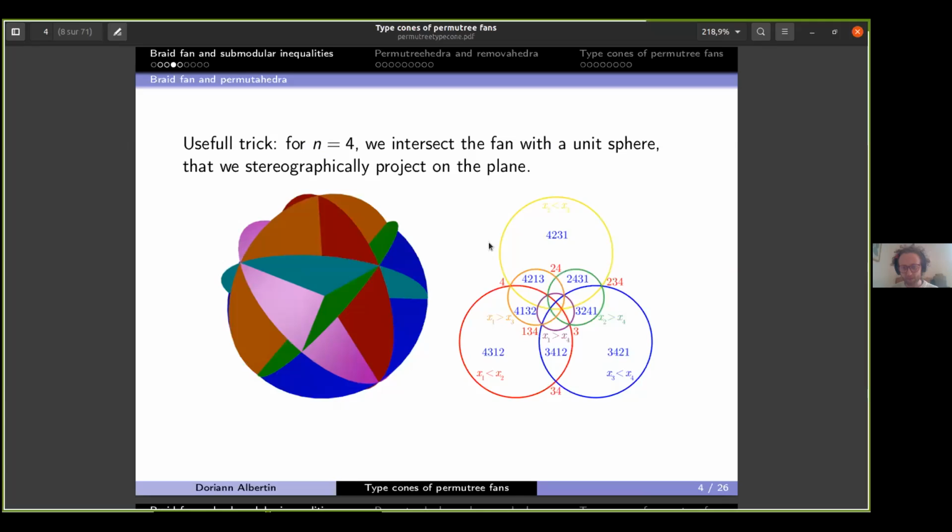This will be much easier to make drawings or have intuitions. Just to make this clear, a chamber, a maximal dimensional cone here, will map into a triangle, sort of, and any hyperplane will map into a circle.